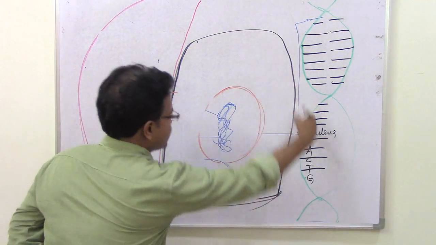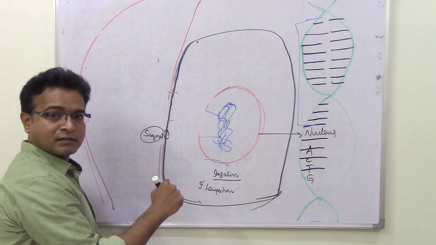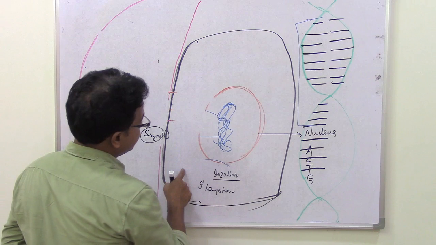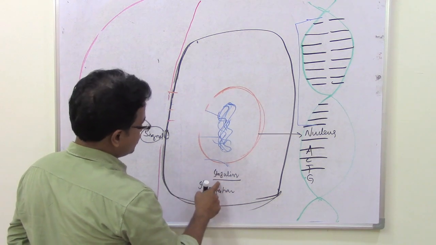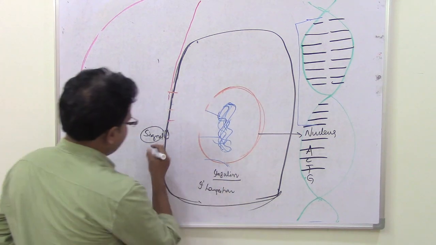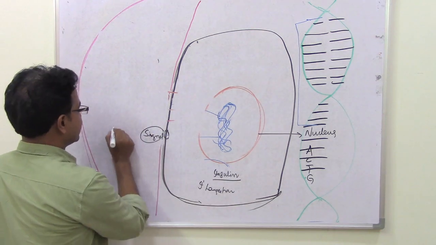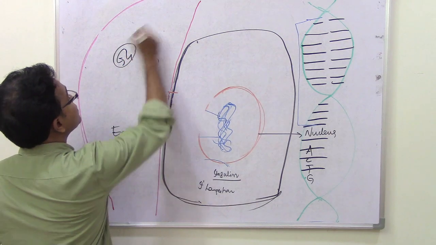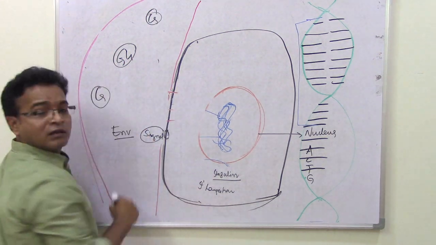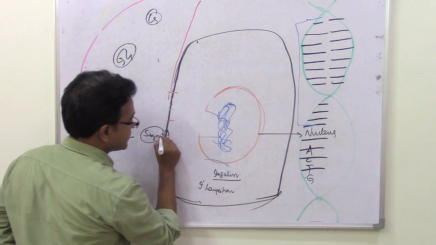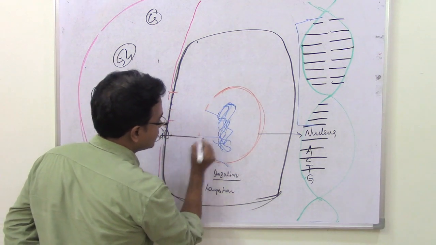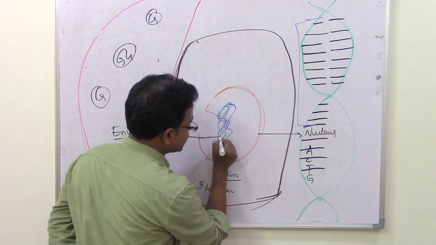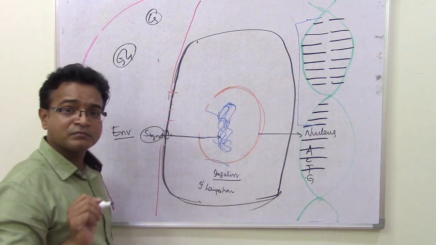So, the job of this cell in the pancreas, and that too islets of Langerhans cells, is to produce insulin. So, there is a signal, there is a demand from the environment. What is the environment saying? You see everywhere there is glucose, glucose, glucose. So, a small protein molecule sends a signal to the cell, enters the cell, and from there it enters the nucleus and talks to a particular gene.